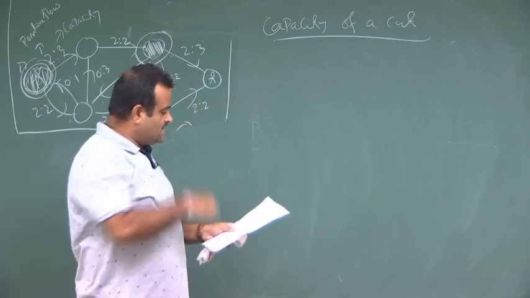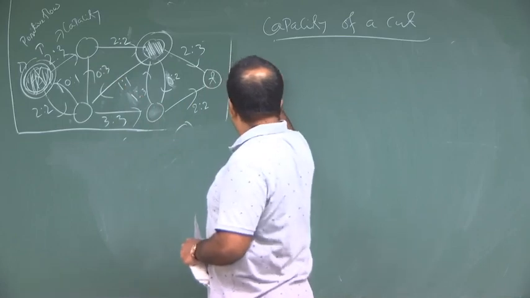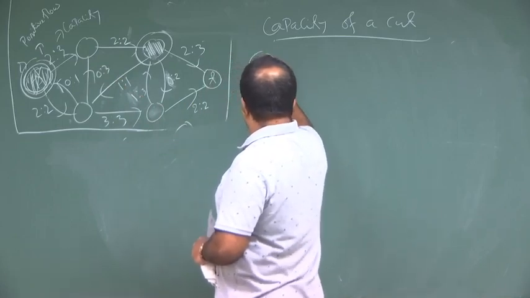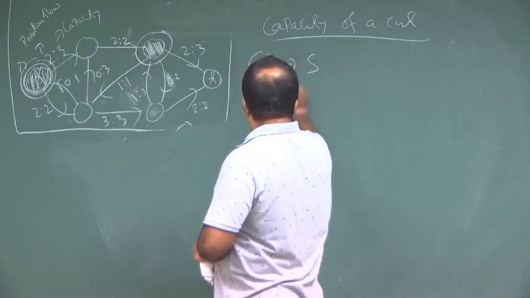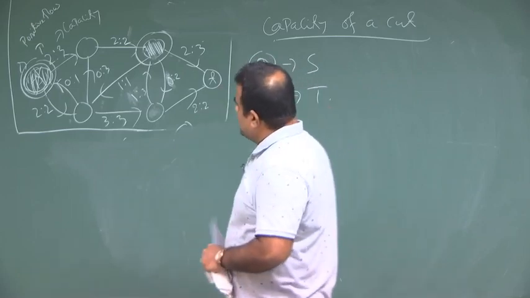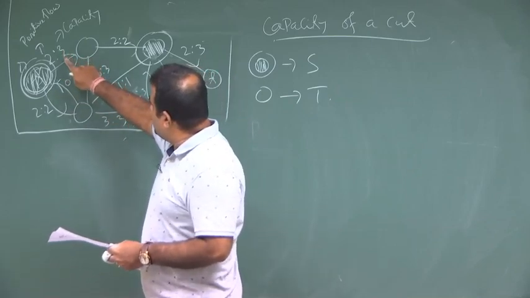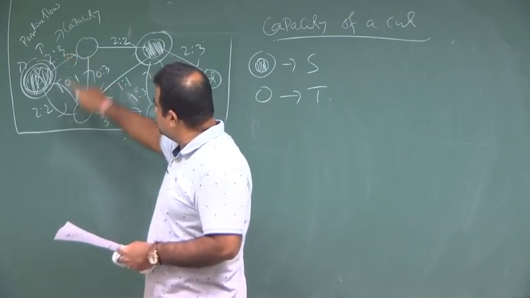For example, if we take this flow network where these are the vertices in S and the others in T, the capacity is the sum of the capacities of the edges going from S to T.